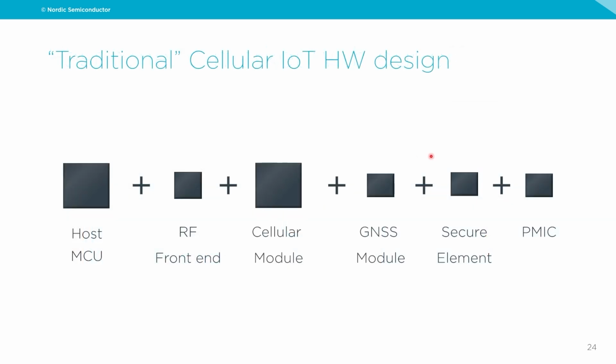So if you think about how Cellular IoT has been traditionally developed, normally it's a piecemeal approach. You get multiple components from multiple vendors. You'll have a host MCU for your application, an RF front end, then the Cellular module, if you need location, a GNSS module, a secure element to store your credentials and your keys, and then a PMIC to do the power management of all these devices.